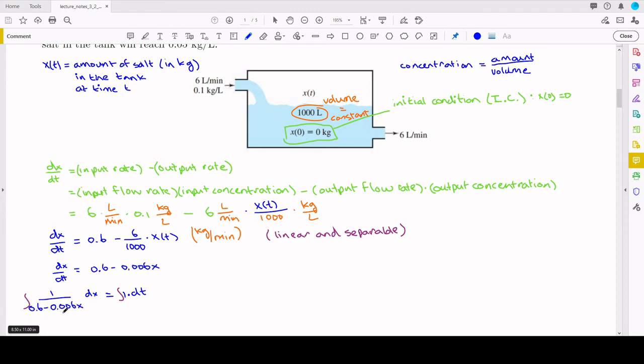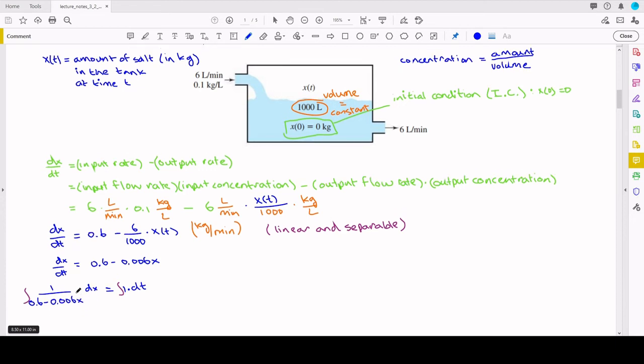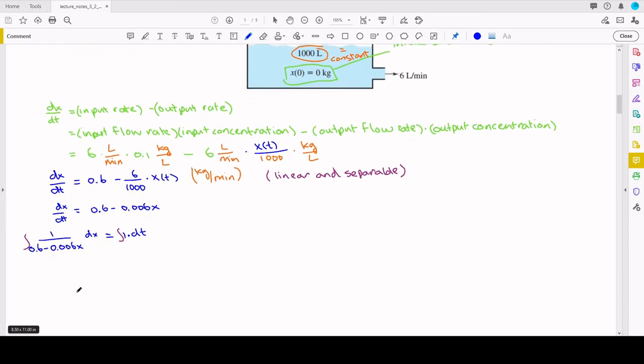You would use a substitution u equals 0.6 minus 0.006x and then integrate that. But like I said, in the interest of time, I'll give the solution to the integral here.